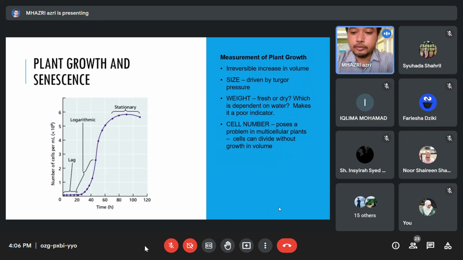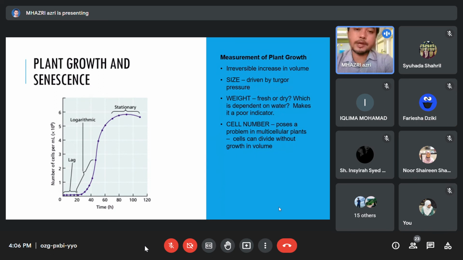If you want the weight, you must make sure whether you want to measure the fresh weight ataupun after awak dah dry kan, and then awak dapat dry weight. Okay, cell number. So it poses problems in multicellular plants. Okay, so it is very difficult to measure the cell number in plants.